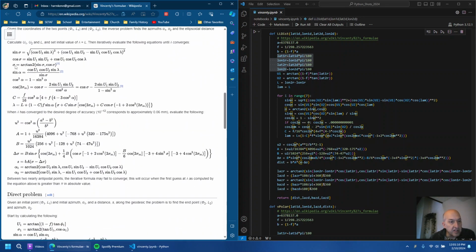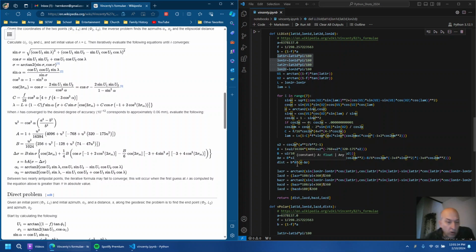The initial sigma there. Change of sigma is all of this business there. So running through all of that, we end up with S, or I called it the distance. So we run that through and it pops out distance.